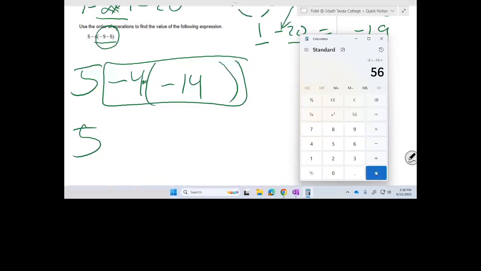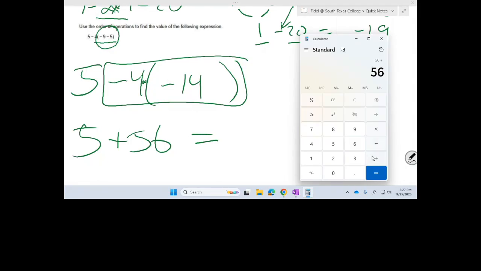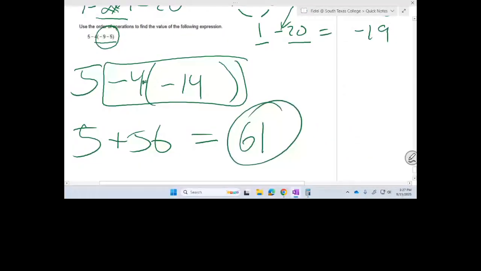And look what kind of 56 we're getting. Positive. Okay. And y'all, all I got is one last thing to do. 56 plus 5. Let me add 5 to that. Boom. 61. Now we're done. Okay.